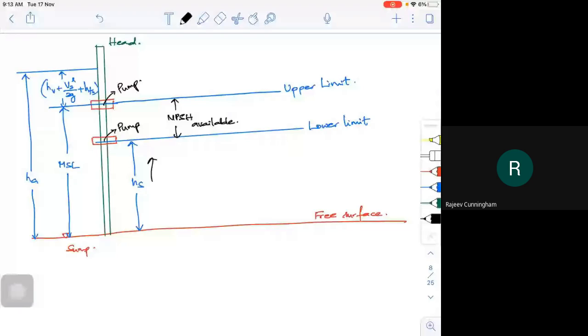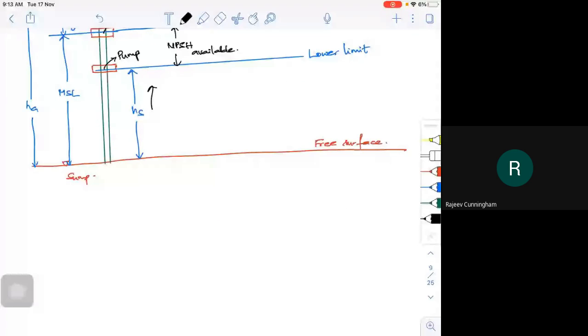If you look into this particular equation, what is your NPSH? NPSH is equal to the difference between your maximum suction lift and your suction head. What is your MSL? This is HA minus HV minus V² by 2g minus HFS, minus HS.